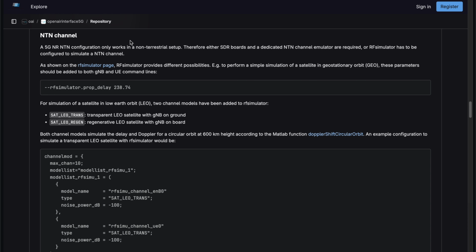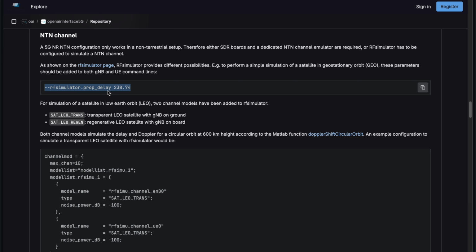Obviously this time we'll be using the RF simulator, because if you want to perform this test in a real-world scenario, you will need an NTN channel emulator and SDR boards as well. As we are using the RF simulator, we need to simulate some packets to act like the whole scenario is working with a satellite, right? So to perform a simple simulation of a satellite in GEO mode, we need to add these parameters.